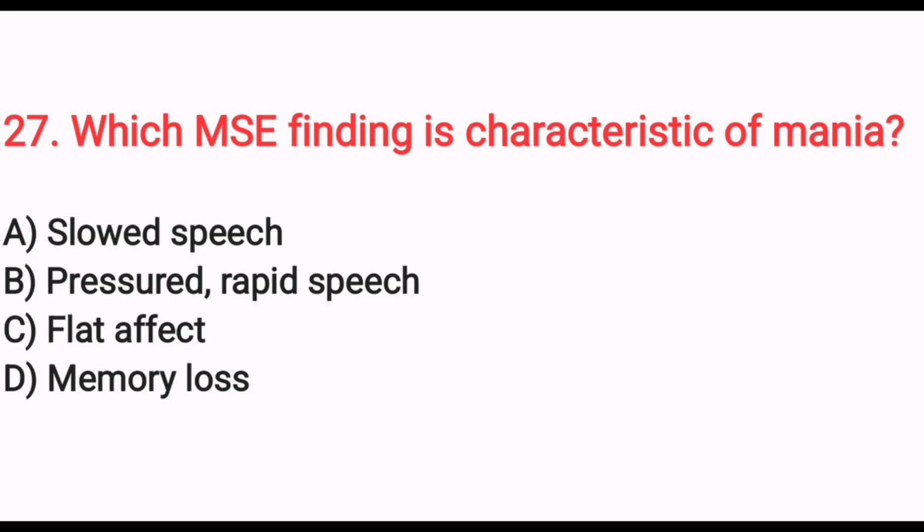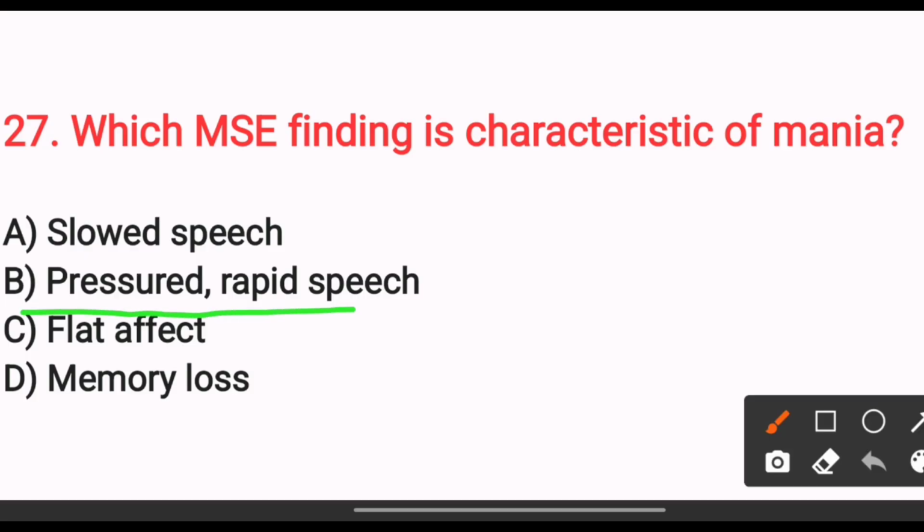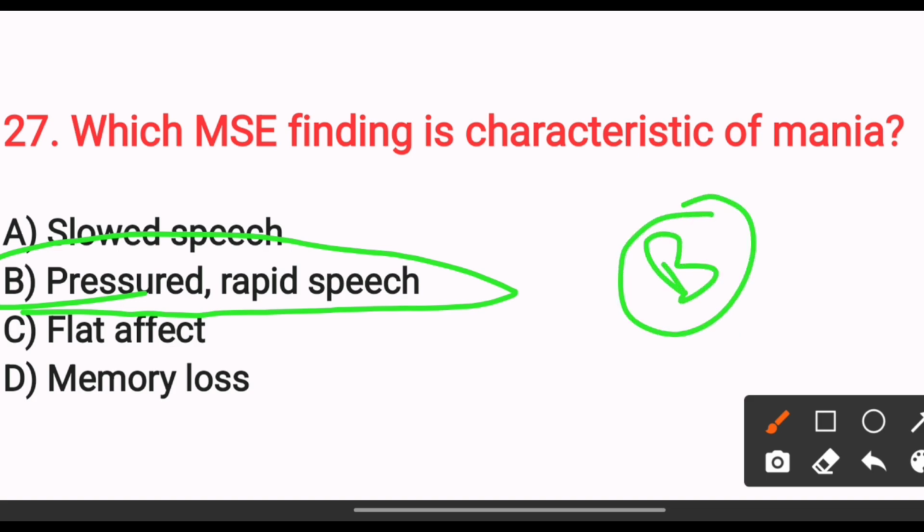Option A, slow speech. Option B, pressured or rapid speech. Option C, flat affect. Option D, memory loss. The answer is option B, pressured and rapid speech, because mania often presents with rapid or difficult to interrupt speech. So the answer is option B.